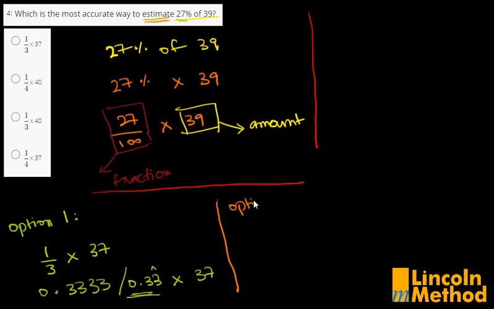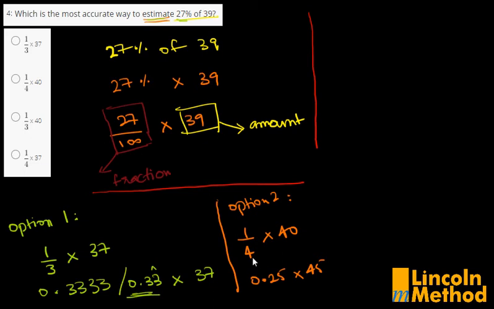comes about. So option 2 is 1 over 4 multiplied by 40. Now if we convert 1 over 4 into decimals, what we get is 0.25 multiplied by 40. And if I convert 0.25 into percentages, what I'm going to get is 25%. We have covered how we convert decimals into percentages in an earlier assessment.